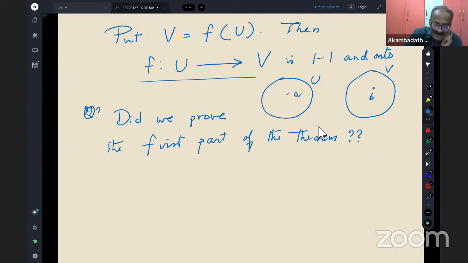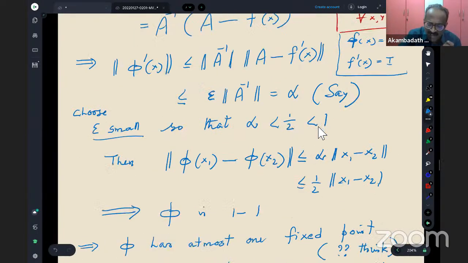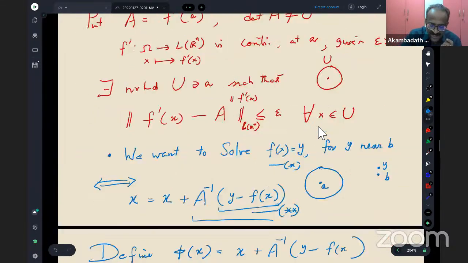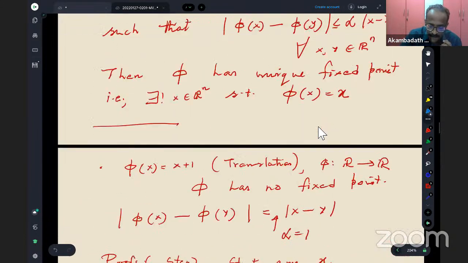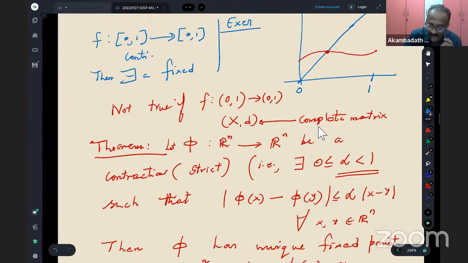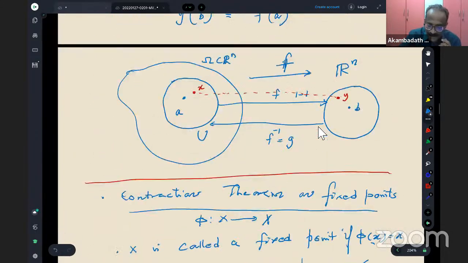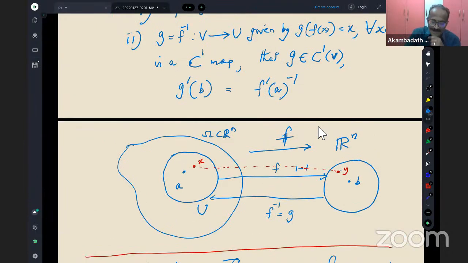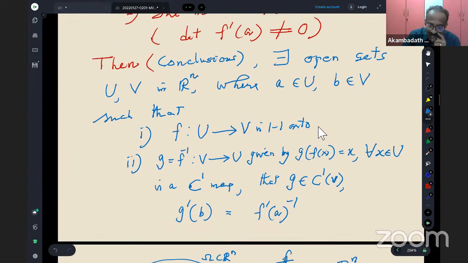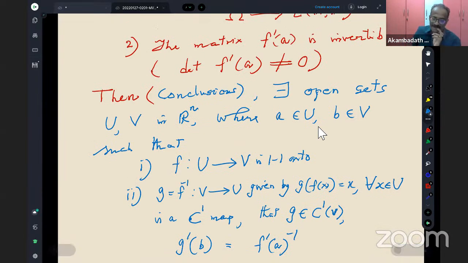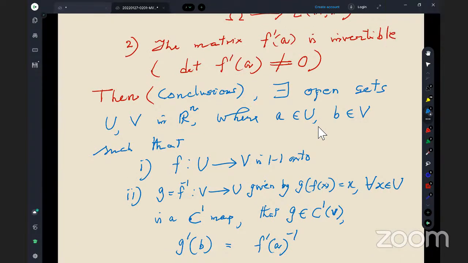What is the condition? That's why you have to read the theorem very carefully. Let me go to the conclusion of the theorem. What does the conclusion say?